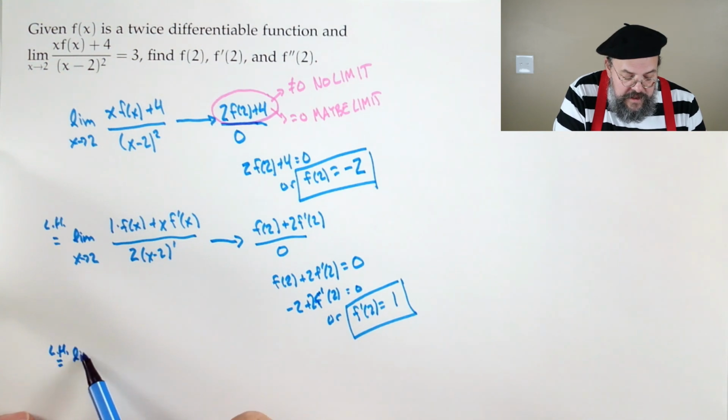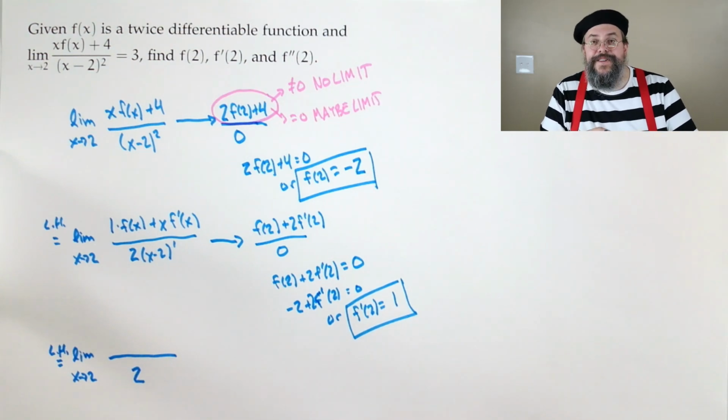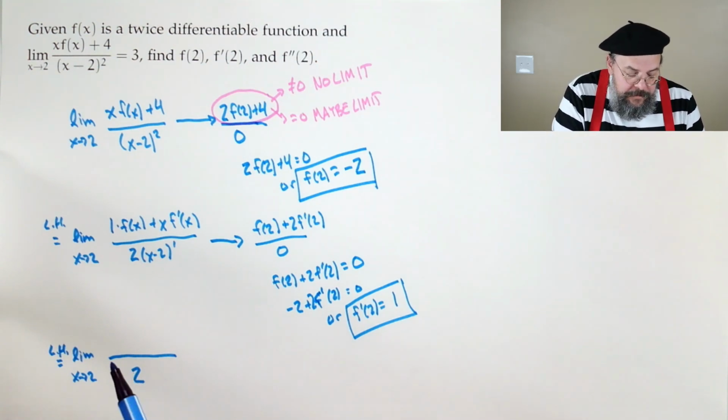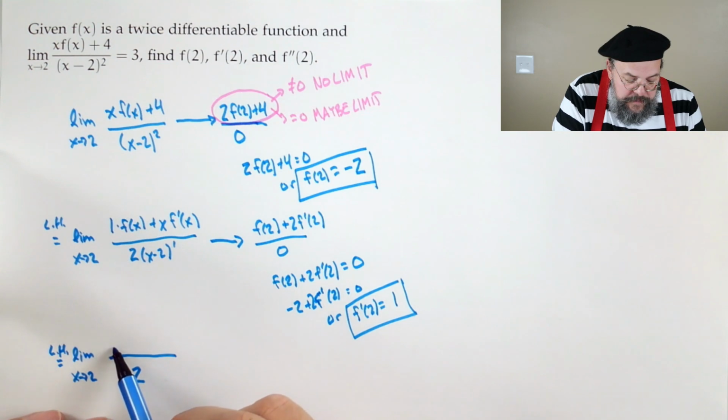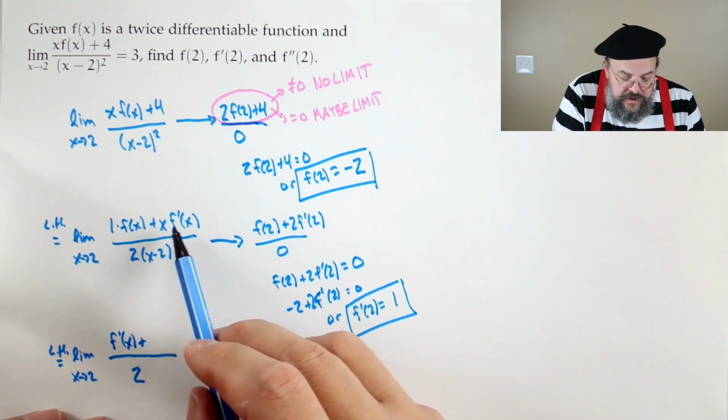Say, look, this is the limit as x approaches 2. And downstairs, we'll get a 2, which means it's game over. Whatever happens, it happens right now. All right, how about upstairs? Well, we're going to have f prime of x, then plus, do the product rule here.